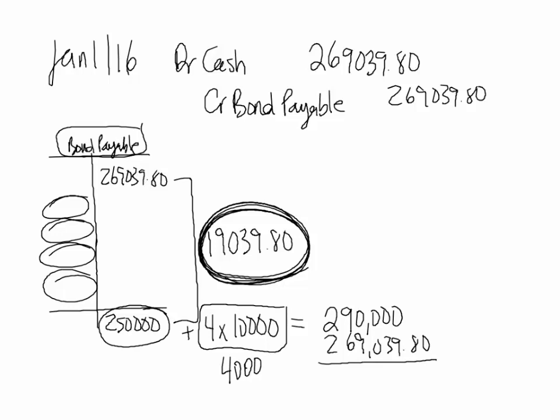They should have gotten $40,000 of interest. Are they going to get $40,000 of interest? No. 290,000 minus 269,039.80 equals $20,960.20. Does everybody understand that?